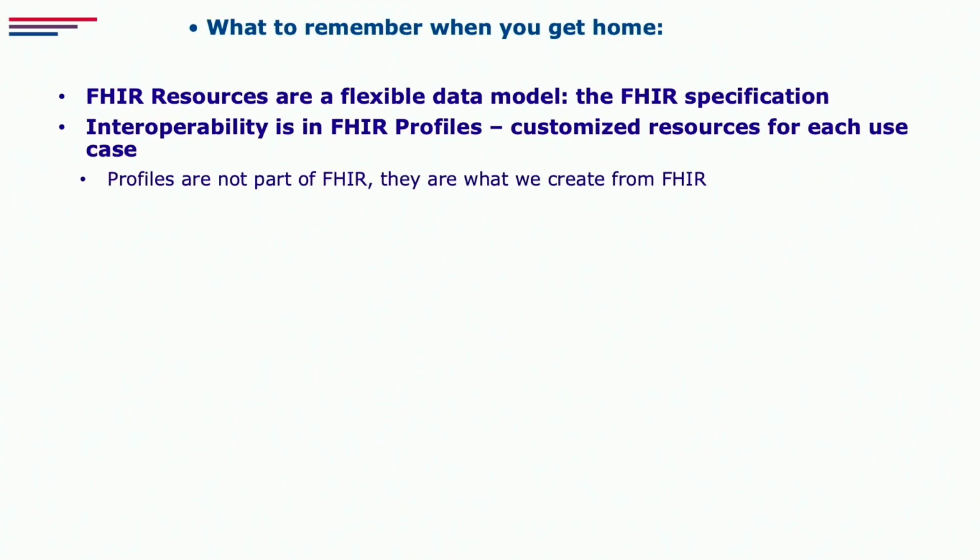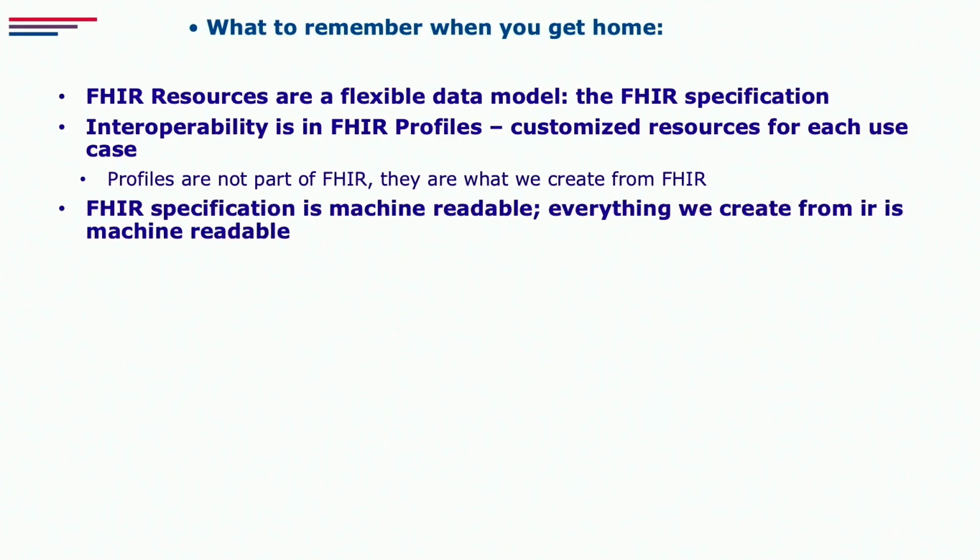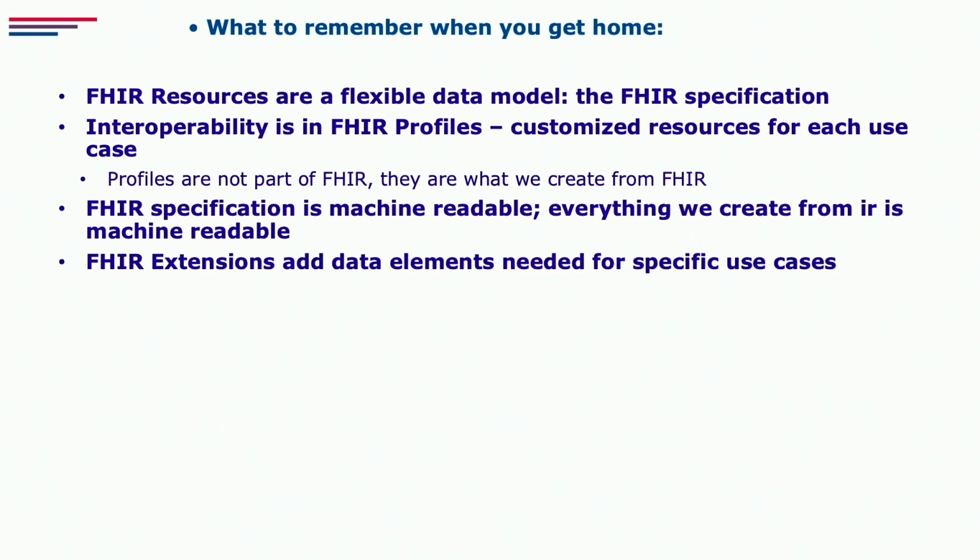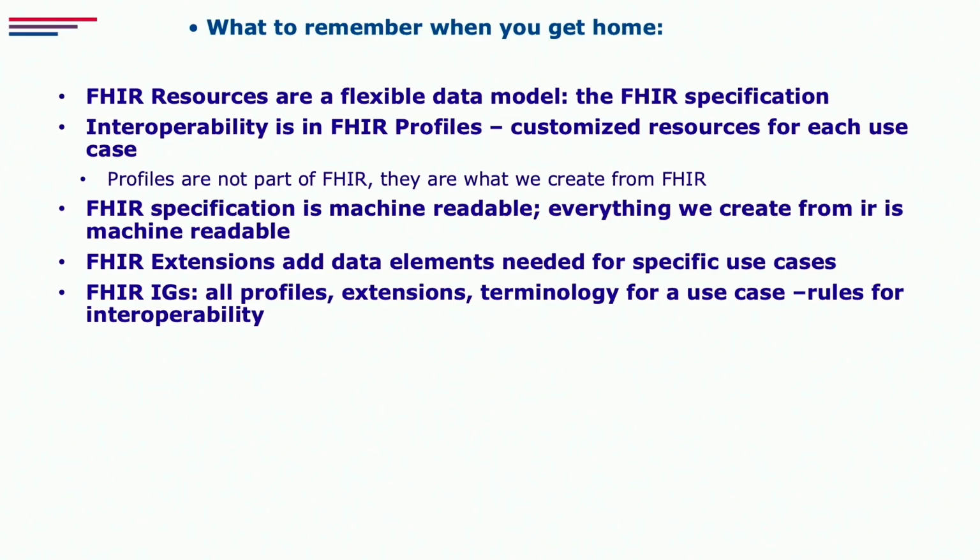Interoperability is in the FHIR profiles, and the FHIR specification is machine readable. That makes it easy to share things and validate the data that we have. FHIR extensions make it possible to create useful implementations for a specific use case without having to pay a lot to customize your EHR. And FHIR implementation guides are the real rules of interoperability that we're able to share and implement.